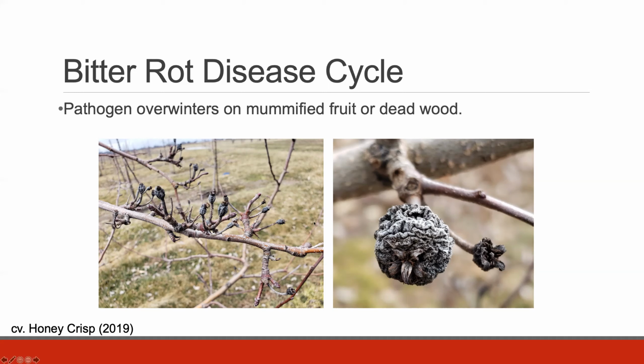A close-up of a mummy, which I'm showing on the right, shows that the mummies have a large surface area and can support thousands of perithecia. We will cover management in more detail in the third lecture of this module, but removal of these mummies is critical to preventing new infections the following season.